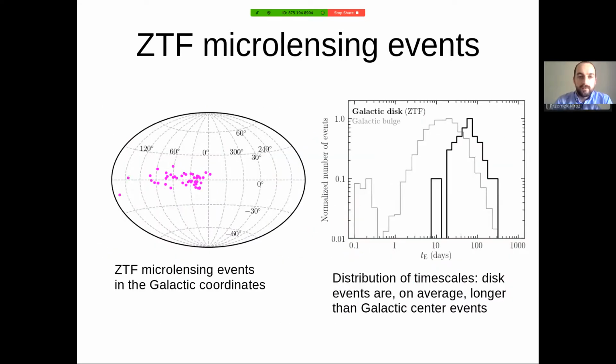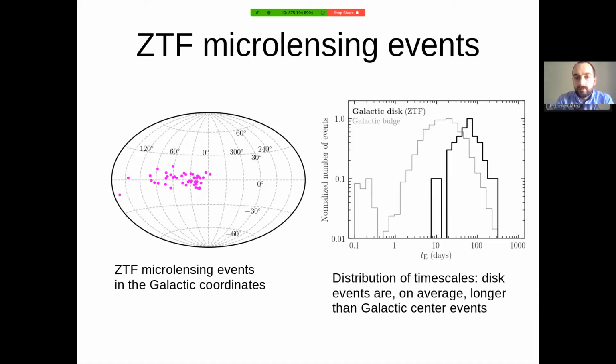So on the left, you can see the distribution of our microlensing events in the sky in galactic coordinates. As you expect, all of these events are located in the galactic plane, and as we move away from the galactic center, the number of events is dropping. So this is actually what we expected to detect.